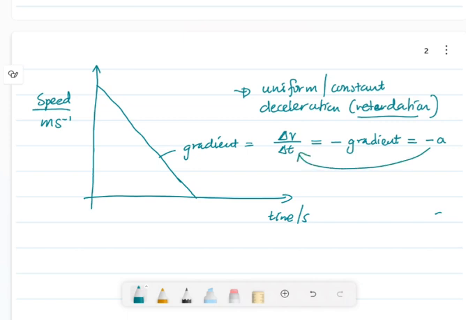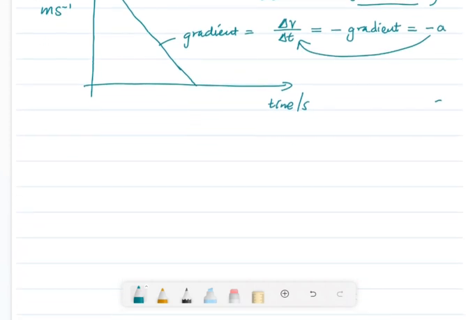So in actual fact, when you're calculating deceleration, you calculate acceleration, but it's going to come out negative. Once you get a negative answer, the moment you write deceleration, you remove the negative sign. The same thing applies if you're calculating gradient: you choose 2 points, just like the one at the top. Any line that is straight and going down like that on a speed time graph means that the object is moving with a constant deceleration or uniform deceleration.